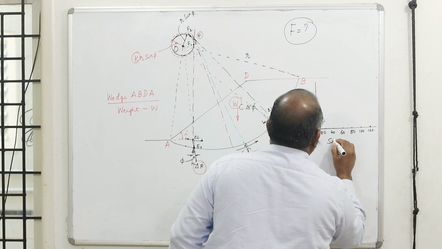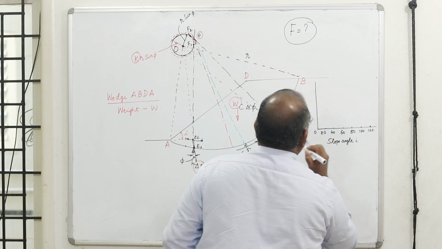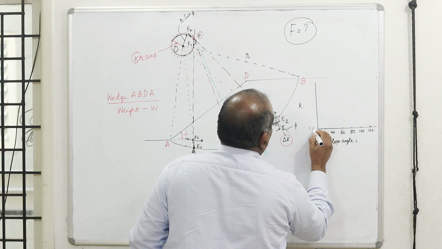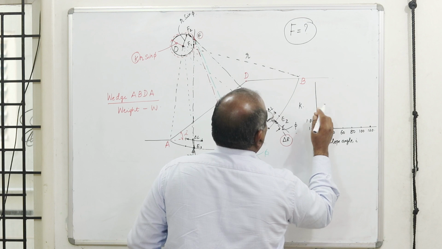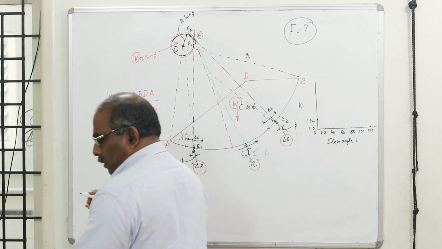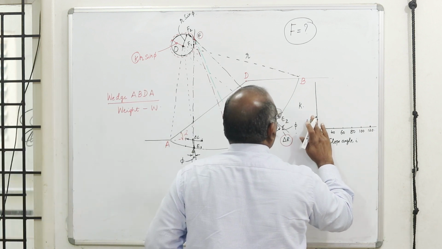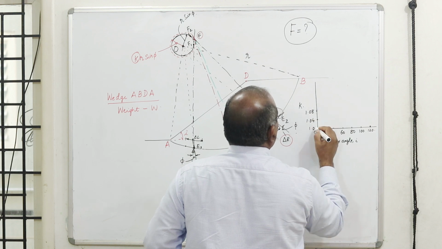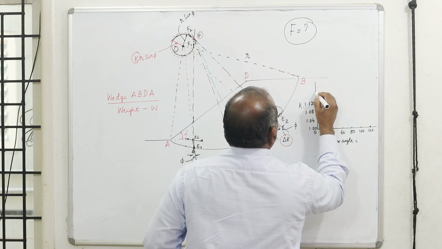This is the slope angle i, and this is the value of k. This will be 1, 1.02, 1.04, 1.08, 1.12, 1.16.